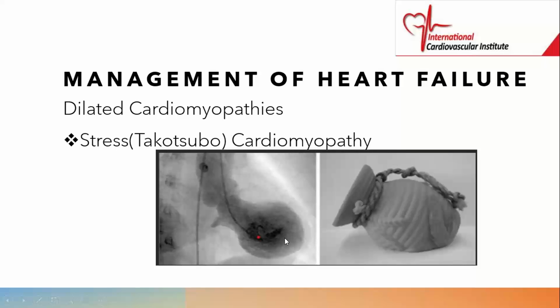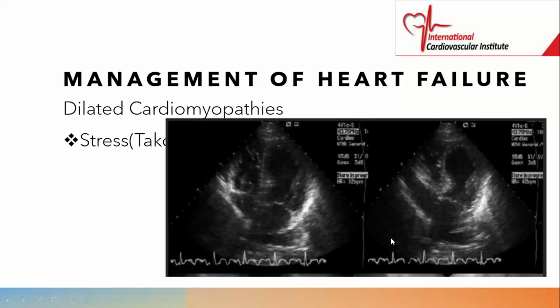So in diastole, it balloons out, and it looks similar to this octopus pot in Japan, where the octopus goes in, and then they can't get out. So that's the Takotsubo. That's the octopus pot, and when they did the categorization, they look similar. So that's how the name came about.